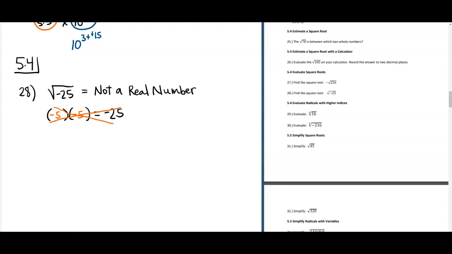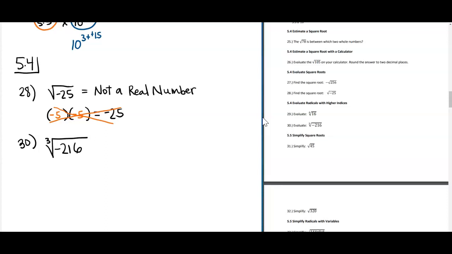All right, let's look at number 30, also in 5.4. All right, so number 30 wants us to figure out what's the cubed root of negative 216. All right, well, when we have a cubed root and we have a negative number inside, we can find the answer to it.